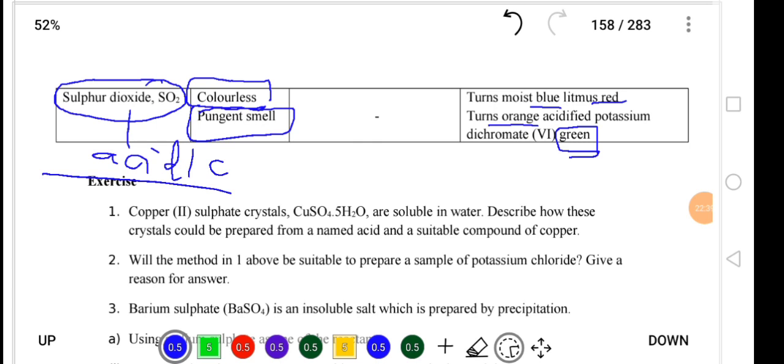And the presence of sulfur dioxide in solution causes this substance to change to green. And that is the only way for you to know that the gas being evolved from the chemical reaction is sulfur dioxide.